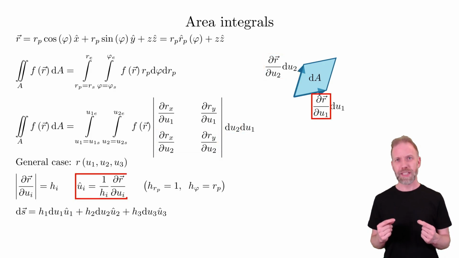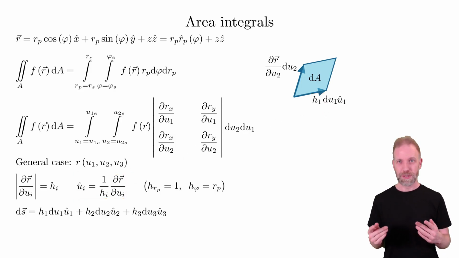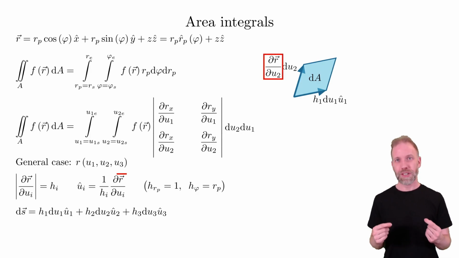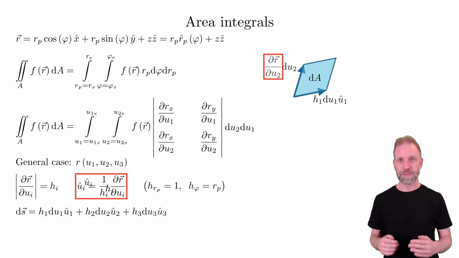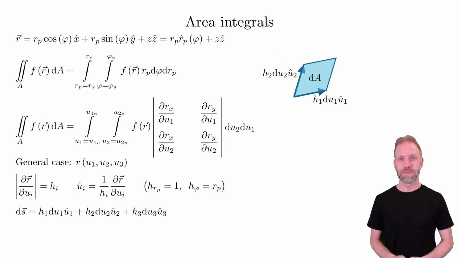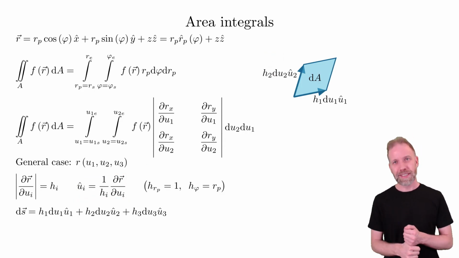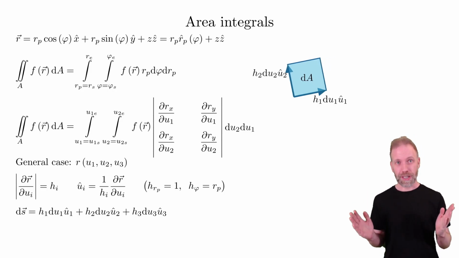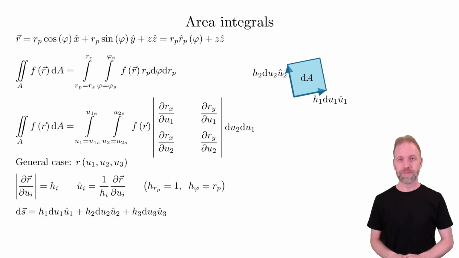If we use the definition of the unit vector, we can rewrite the r_u1 as h1 times u1 hat. Similarly, the r_u2 is h2 times u2 hat. Now, let's add the condition that we have an orthogonal coordinate system, which means that these are orthogonal.